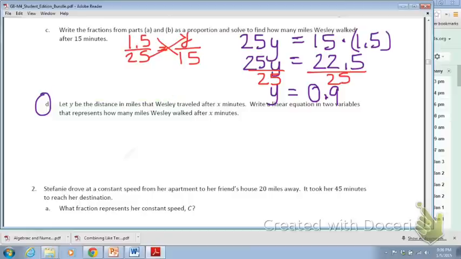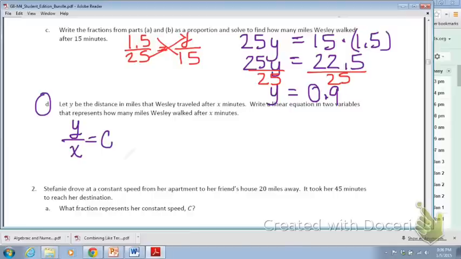I can do the same thing because y is distance, so y over x would be the ratio. That would have to be equal to that constant speed again.